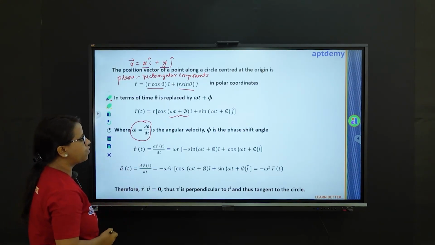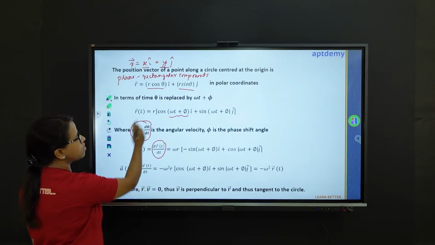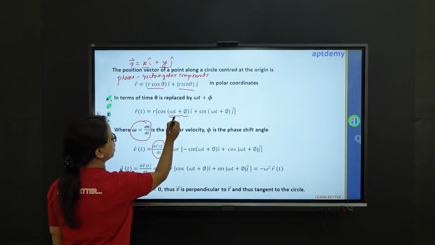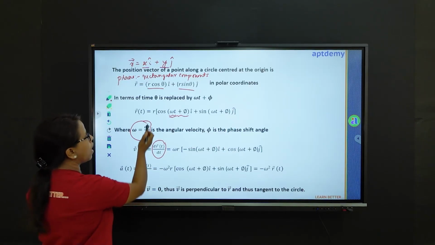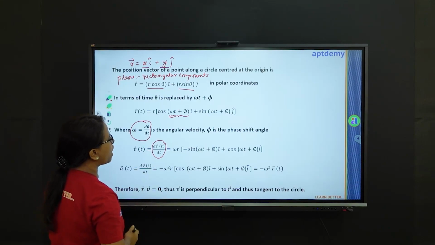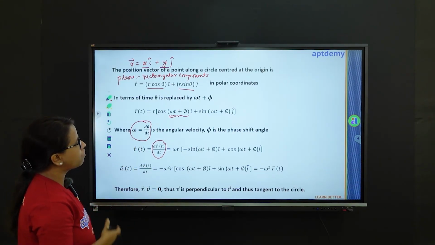So vector v of t is nothing but d by dt of vector r of t. Now if you look at this expression, when you are differentiating with respect to time, this is the variable that you are to consider. r comes out common, cos of omega t plus phi.